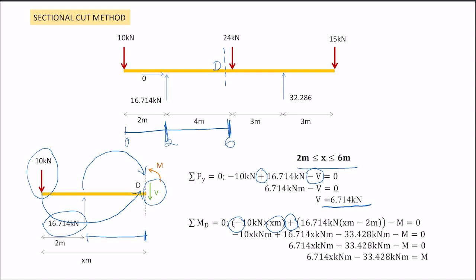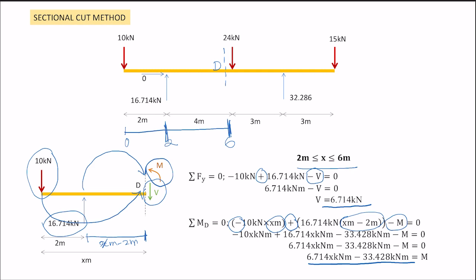So maksudnya X meter tolak 2 meter. This one, yeah. Next, we have the M itself, which is the reaction of our section tu. Kita cut dia, so reaction dia keluarlah that M. And it is counterclockwise, negative M. Then we can simplify everything. You get M equal to 6.714 X kilonewton meter minus 32.428 kilonewton meter.